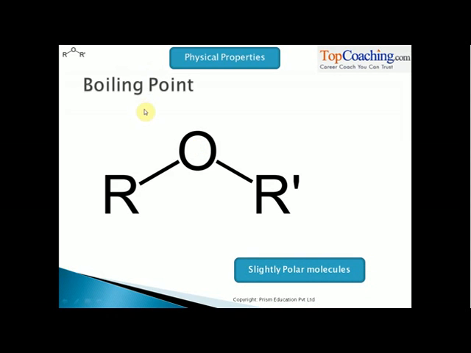Now we know that ethers are polar molecules, and why is that? This oxygen over here has two lone pairs of electrons. Because of this, there is a negative charge over here and positive charge on the alkyl group, and hence the polarity or dipole moment. You know dipole moment, right? Whenever there is a positive negative charge differentiation on a molecule, a dipole moment is associated with it.